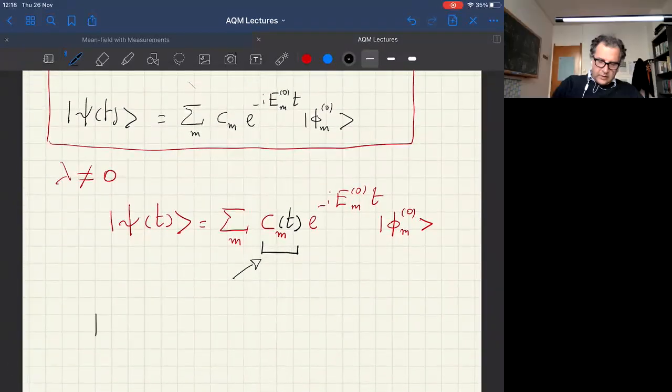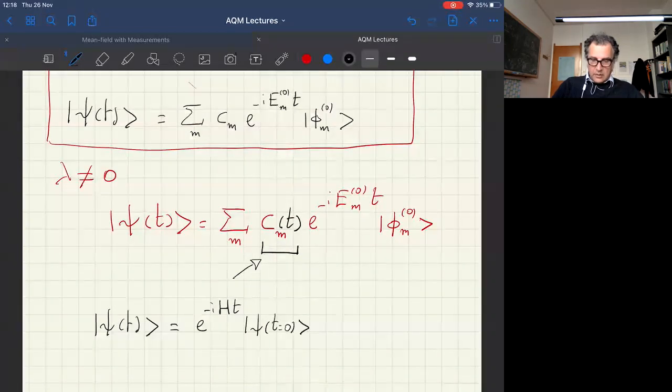So what you say is the following: if I have psi of t, the evolution is just e to the minus i H times t psi at time 0, right? Yes, this is true, no question.